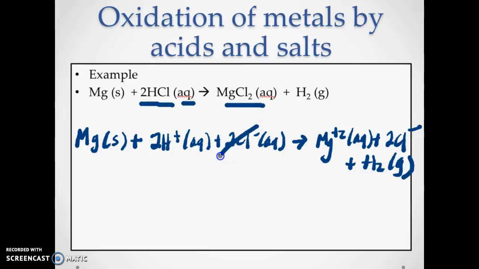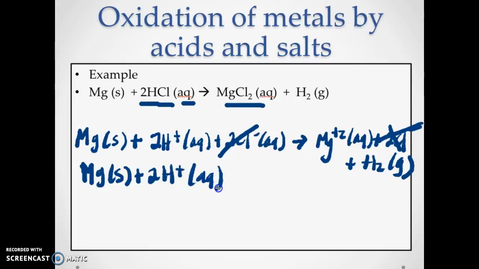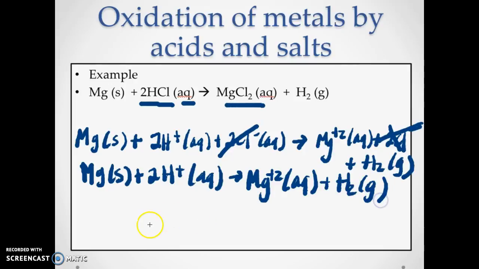And these two are the same, 2Cl and 2Cl aqueous, okay? So what we're left with is Mg solid plus 2H plus aqueous, and that's going to make Mg plus 2 aqueous plus H2 gas, okay?